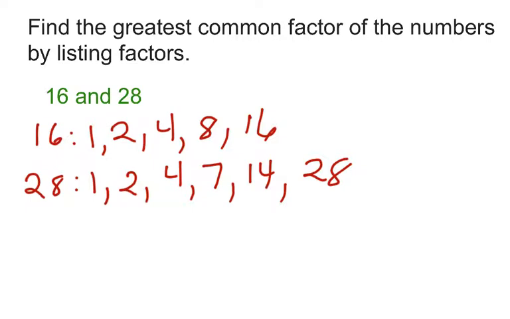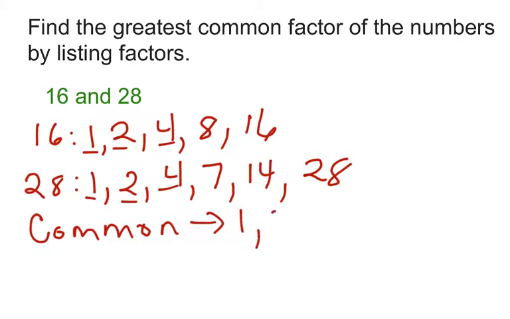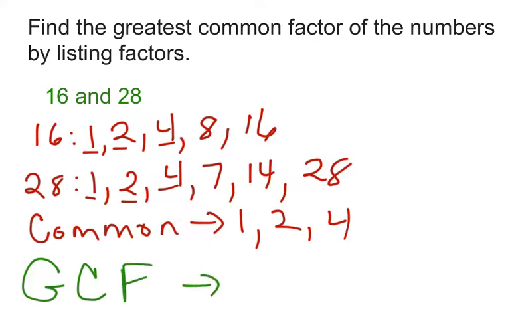So now we need to look at the common factors. The common factors we have are 1, 2, and 4. And then we need to look at our greatest common factor, or our GCF, which of course is the largest of those three, which is 4.